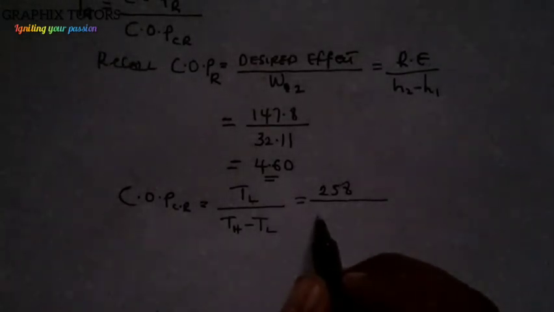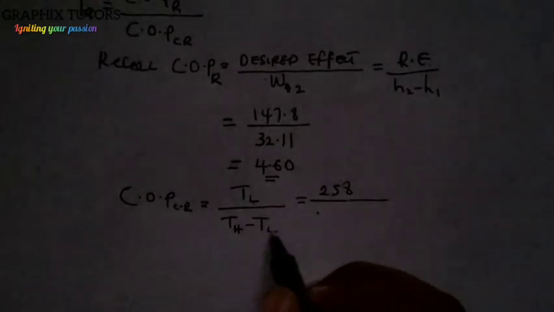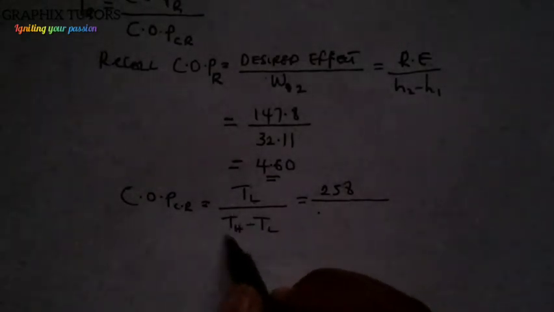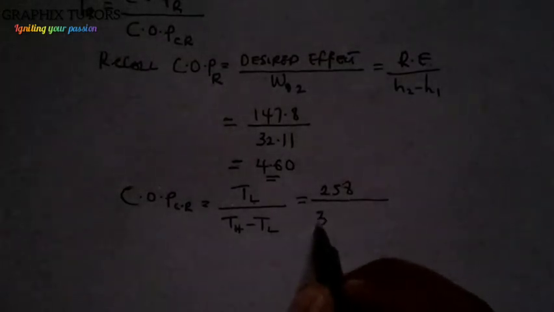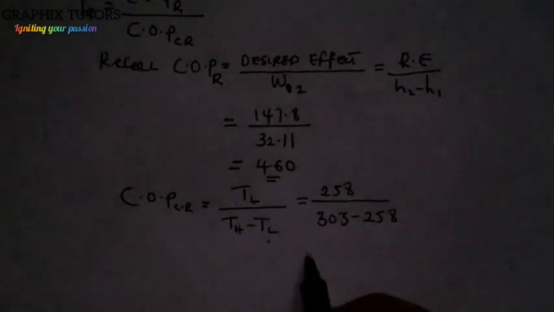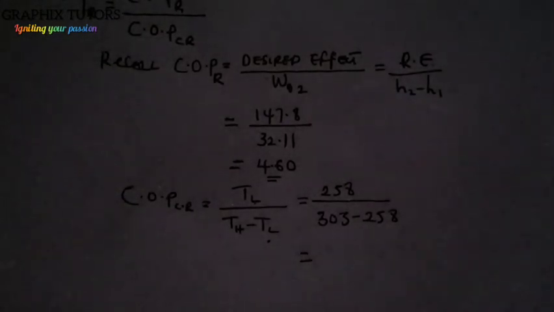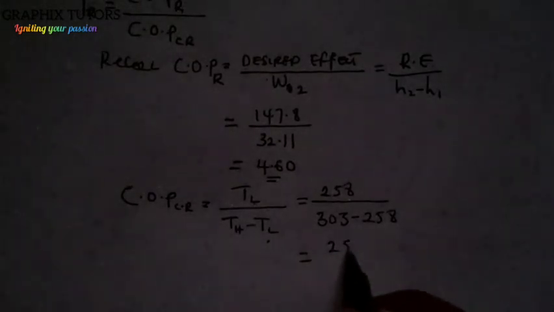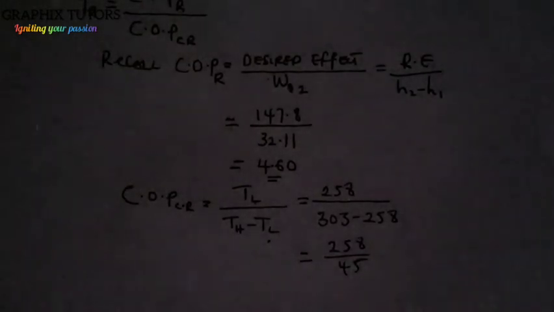TH is 30, and if you add 273, we have 303 minus 258. That is 258 over 45. So 258 divided by 45 is 5.73.